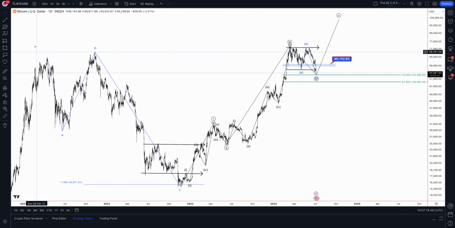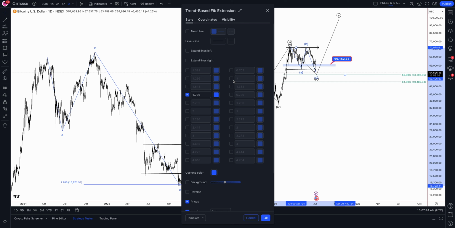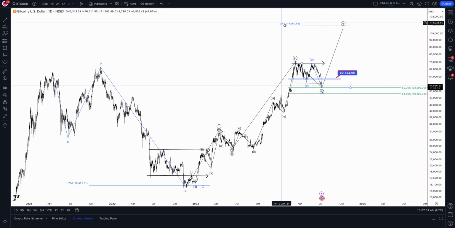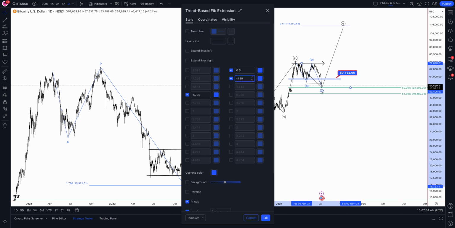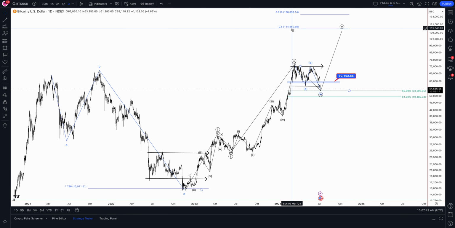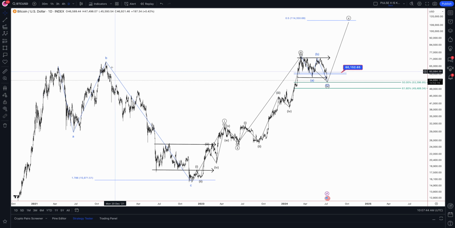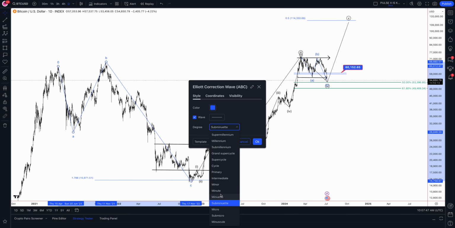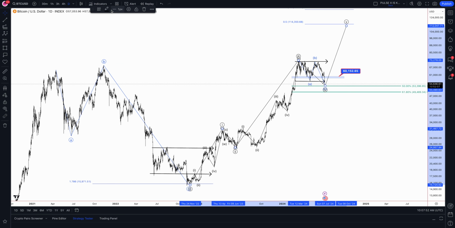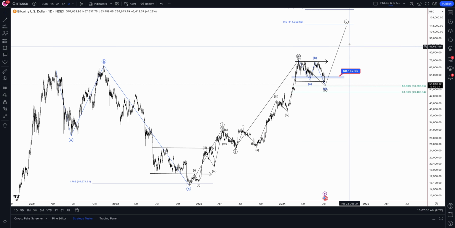And then we have a 5th wave to the upside. Okay, so it looks something like this.